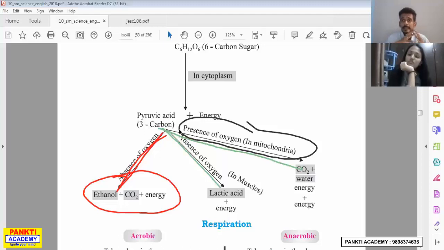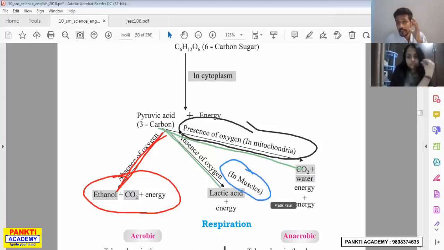In our body, we regularly get oxygen, so there is no problem. But when you do continuous exercise, in our muscles, what happens? In fast work, you can't fulfill the oxygen requirement.